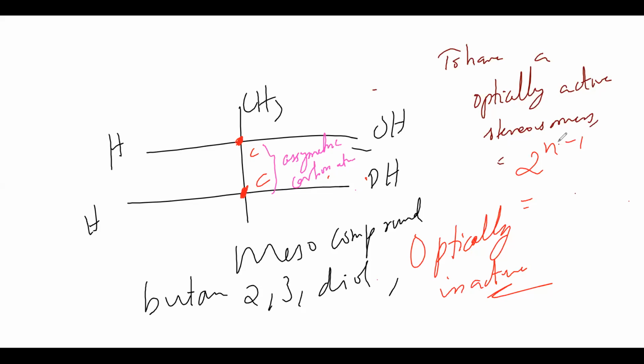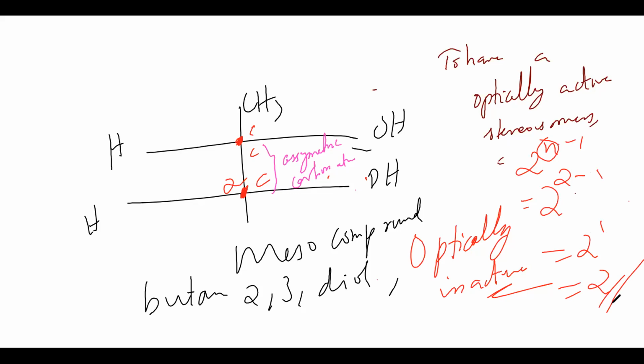Here n is 2, so 2 power 2 minus 1, which is 2 power 1, that is 2.